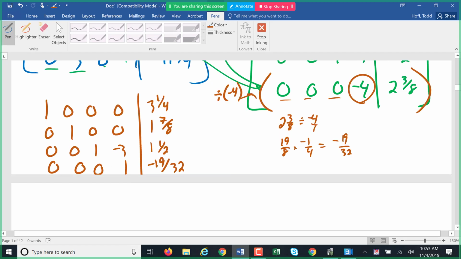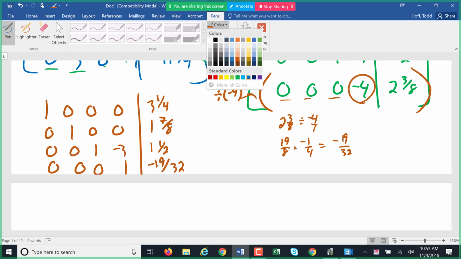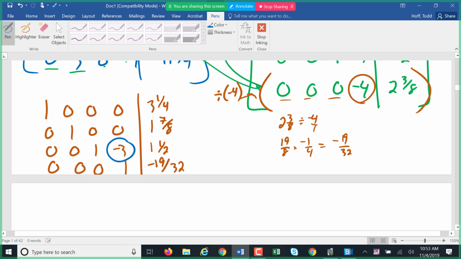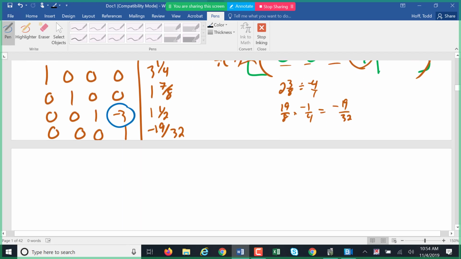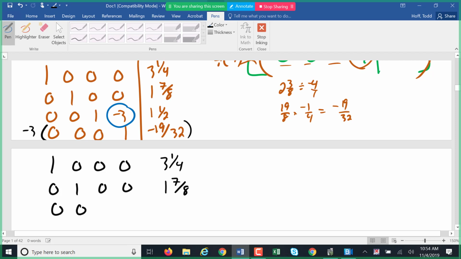So now all we have left to do is to get a 0 in this location. To do that, I'm going to multiply that bottom row by a -3. I've got 1, 0, 0, 0, 3 1/4, 0, 1, 0, 0, 1 7/8, 0, 0, 1, -3, 1 1/2.